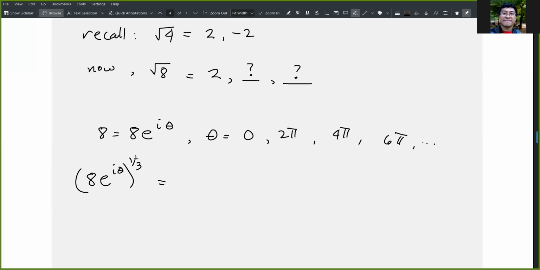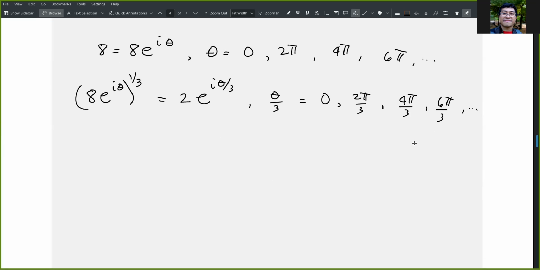That would be the cube root of the absolute value of 8, which is 2, and e to the power of i theta over 3, where theta over 3 would be 0, 2 pi over 3, 4 pi over 3, 6 pi over 3, and so on.